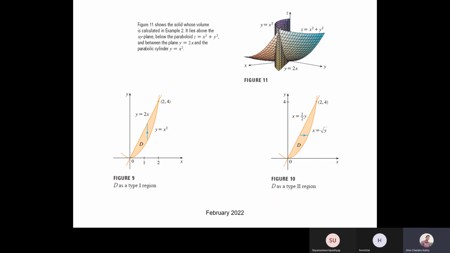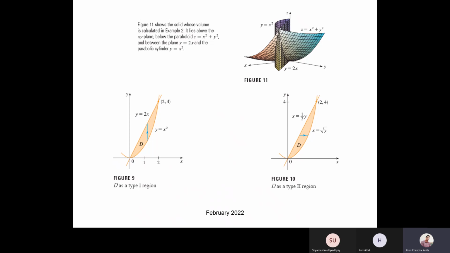I think now you have enough understanding of how to work out a double integral. So basically, what you have to do is simply concentrate on the domain D and how to express it as a type 1 region or type 2 region. Okay, fine.